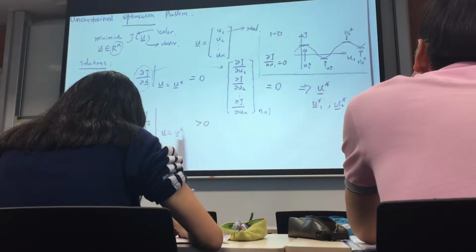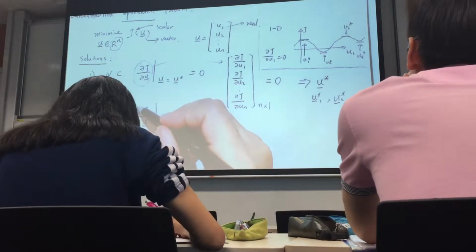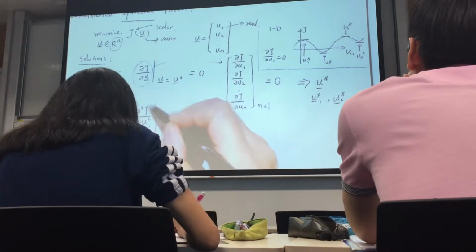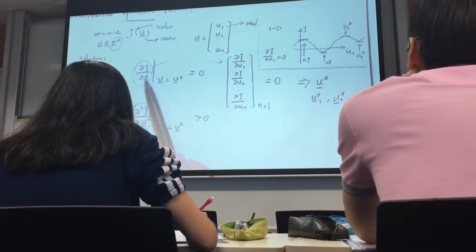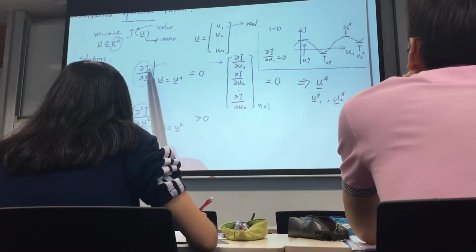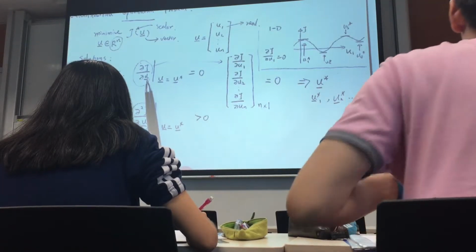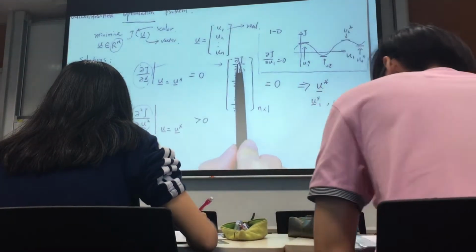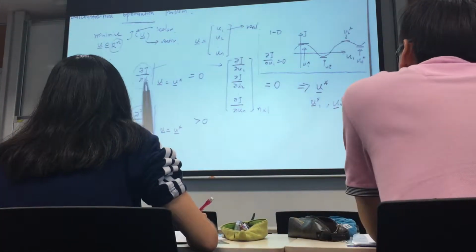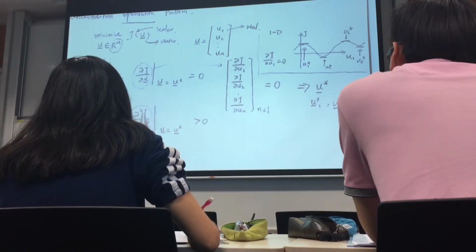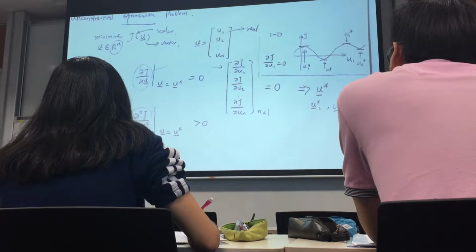I also want to emphasize two points. The first point is how to calculate this one. When you evaluate the derivative of a scalar in terms of a vector, you get a vector. And when you do the second derivative, you evaluate the derivative of a vector in terms of another vector.